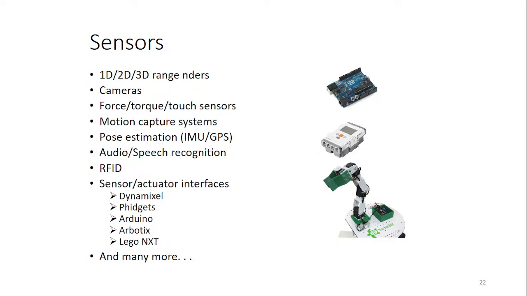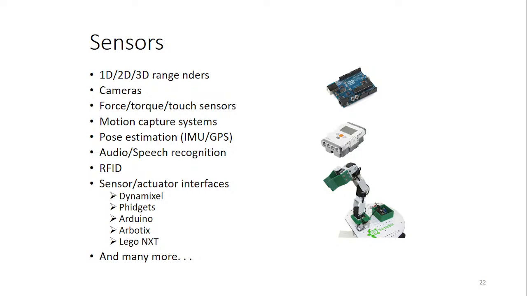Then other 1D rangefinders, cameras, force torque touch sensors, motion capture sensors, pose estimation, IMU and GPS sensors. In an IMU we can use a gyroscope, magnetometer, accelerometer, or you can use a single IMU sensor with all these things built in. So an IMU will have a gyroscope, accelerometer, and magnetometer, everything in the same sensor.